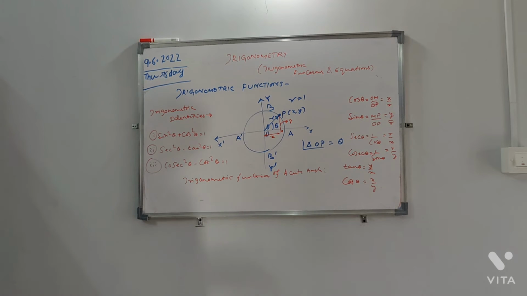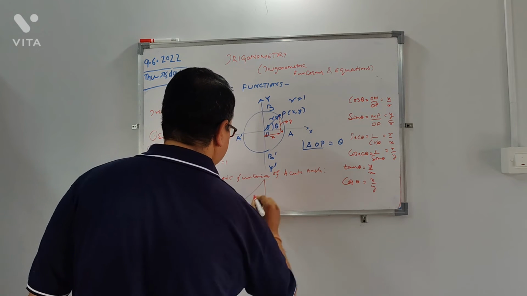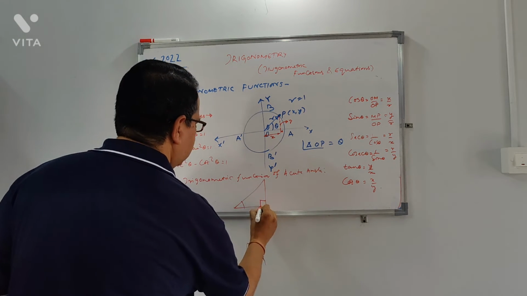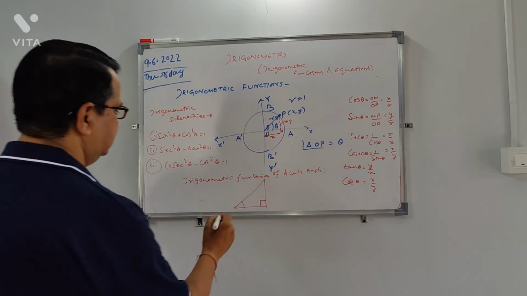And that you know already. So let us say this is my triangle. This is a right angle triangle, and this is my acute angle theta.